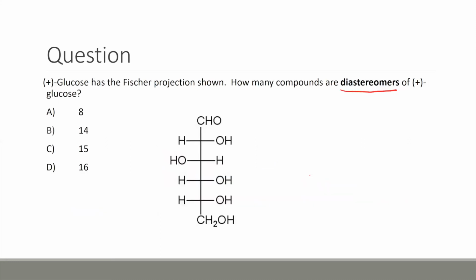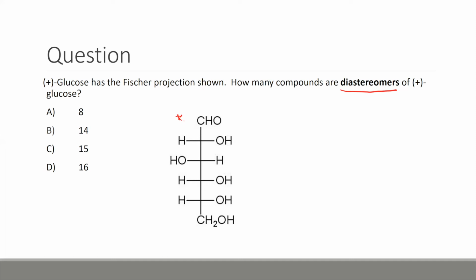Okay, let's do some practice problems now that we've talked about enantiomers and diastereomers. Here is a Fischer projection of glucose. This is drawn out in its linear form instead of its ring form. And we want to calculate how many compounds are diastereomers of this glucose. So I've already given you one version, one molecule of glucose.